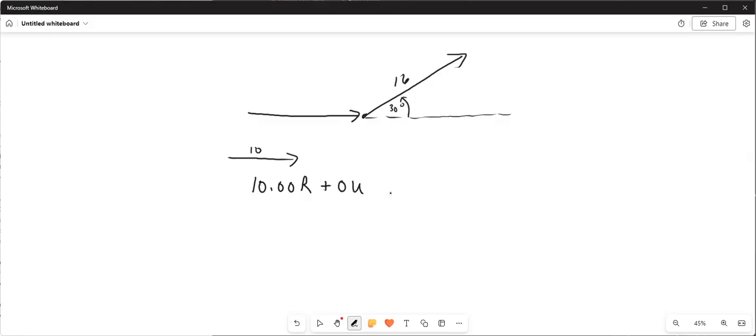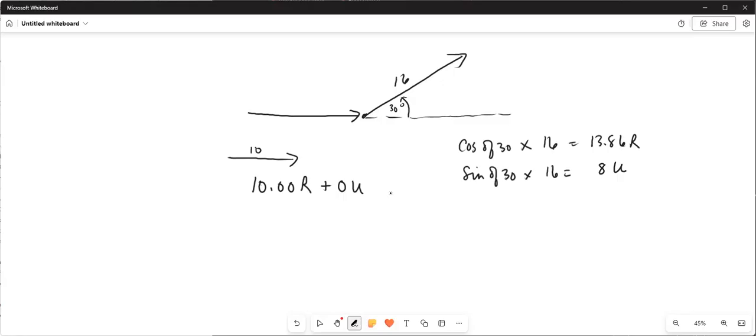And then the other one, we know it's 30 degrees. So we can say cosine of 30 times the hypotenuse of 16, right? So that's going to be 13.86R. That is to the right and up. So this is positive R. And then the sine of 30 times the hypotenuse of 16, so it's 0.5 times 16, so it's 8U, which is also positive.